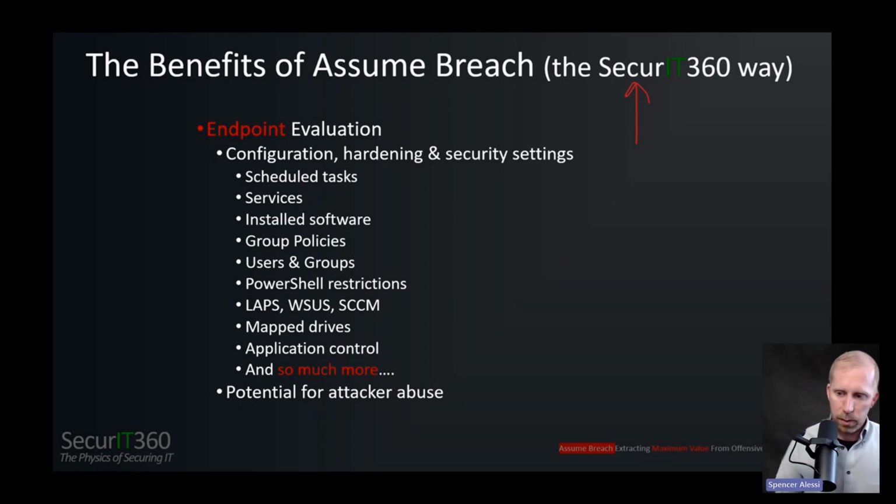Also with endpoint evaluation, we look at group policies that are applied. There've been a number of engagements again where group policies have deployed files, like it's been configured to install software. Well, that software was living on file shares that were misconfigured, which allowed me to manipulate it, and a whole host of other things.